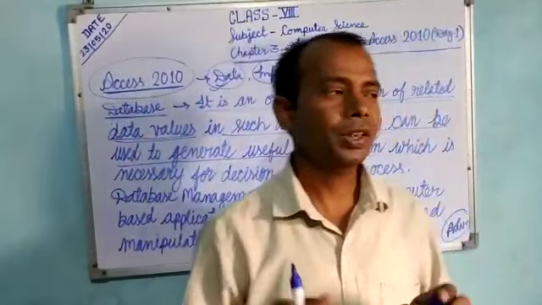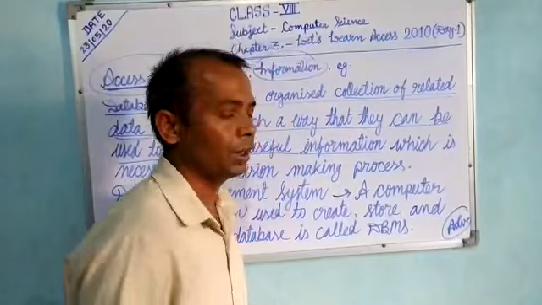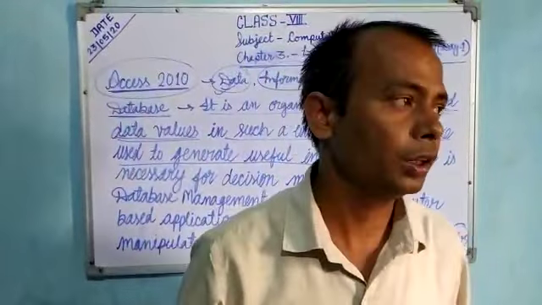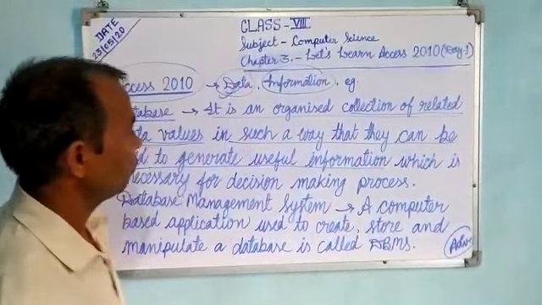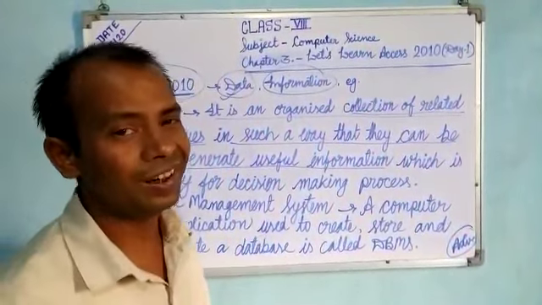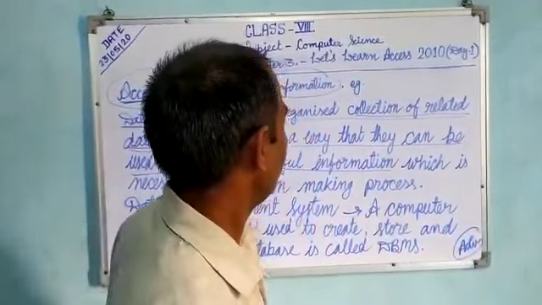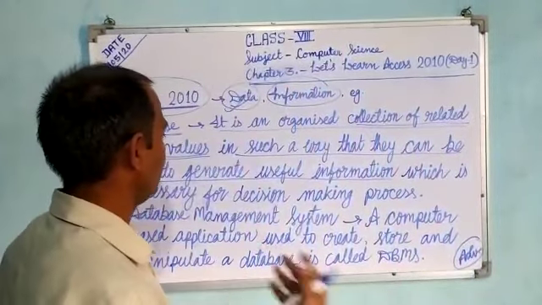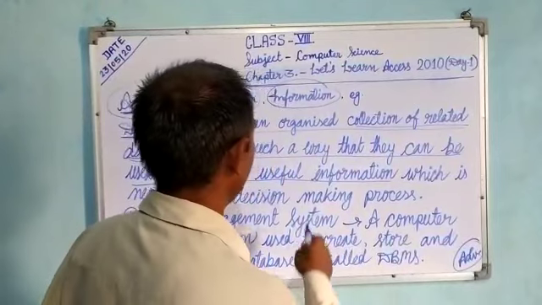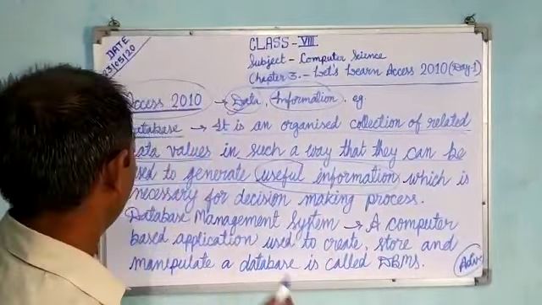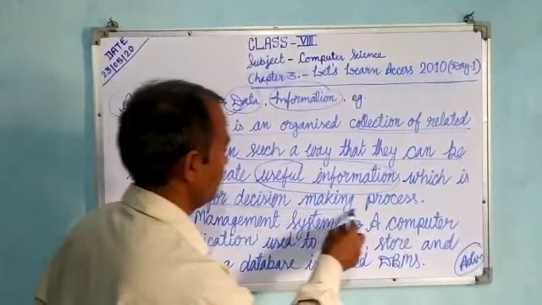Whenever we have simply raw data, then it has no meaning. It is meaningless. It is not giving any useful information. But whenever we arrange all that data in an organized way, then it gives the useful information of that data, which is necessary for the decision making process.